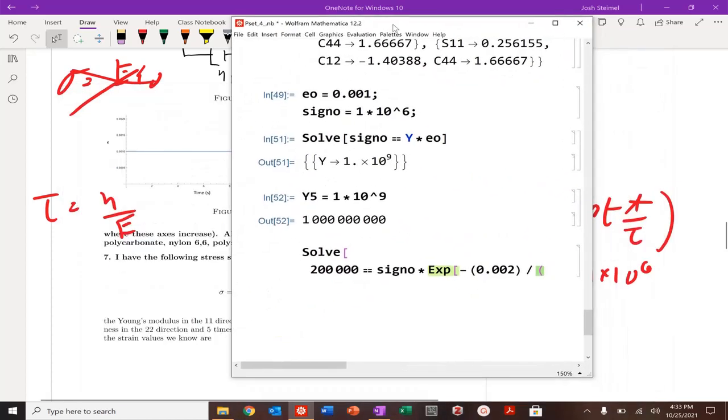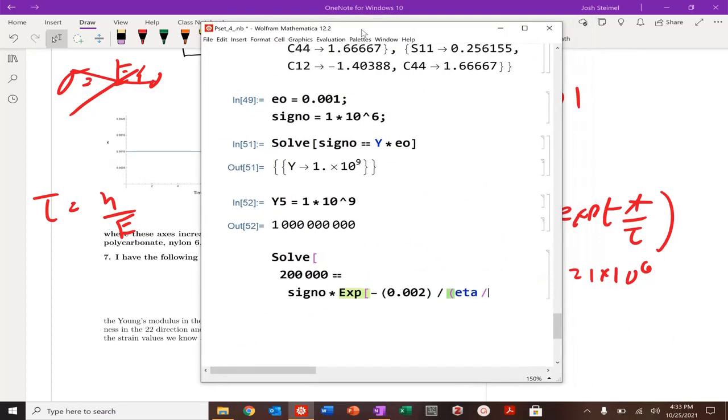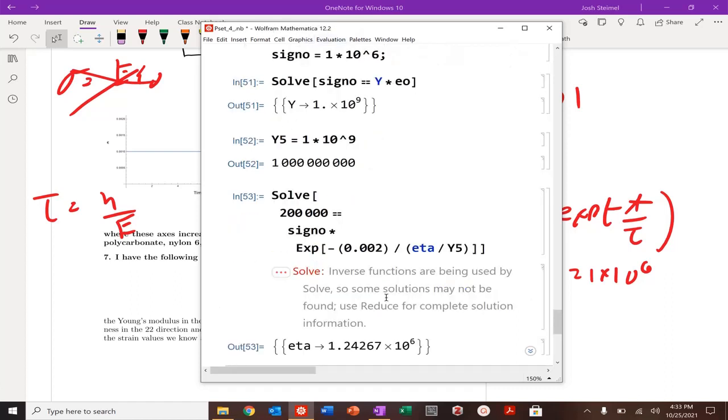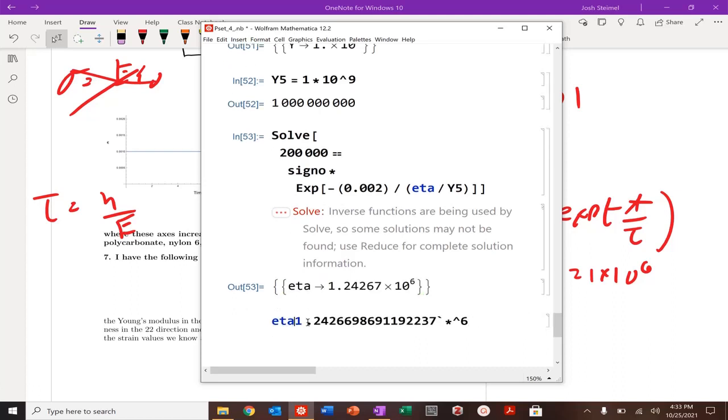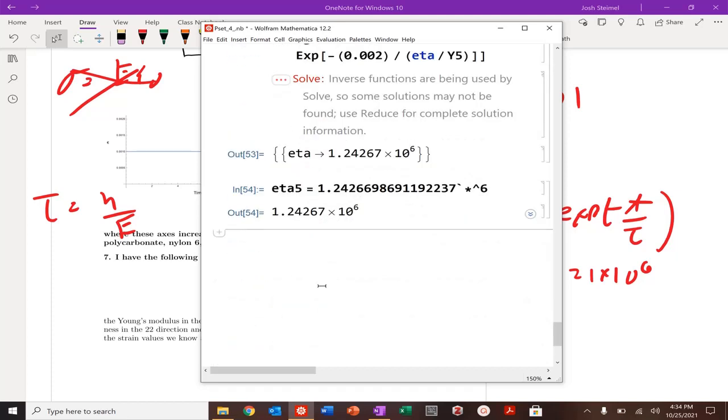Remember, tau is equal to my eta divided by my Y5. Then I'm going to solve for my eta. Again, this is a crude approximation; you could probably do a nonlinear fit, which you'll learn about in my new course coming up this next spring. So there's my eta. So tau is equal to eta5 divided by my Y5.